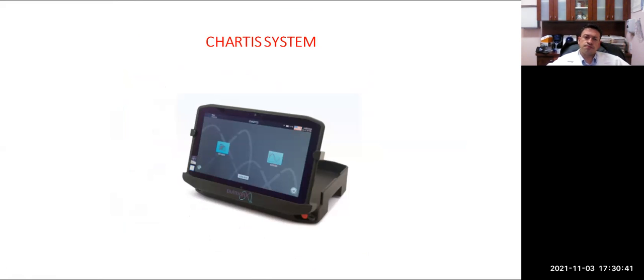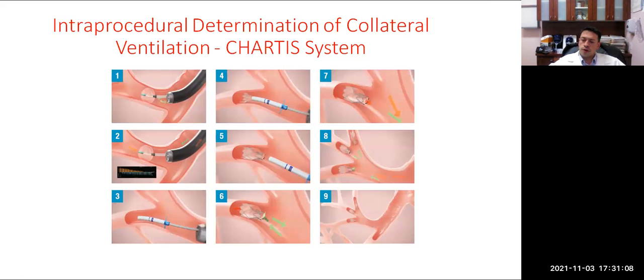Because as it turns out, there is a lot of overlap between having an incomplete fissure and actually physiologically not having collateral ventilation, and vice versa. So it is not a one-to-one correlation. And we use a Chartis system, which is a device that I'm showing you right here, which basically allows us to measure collateral ventilation or measure flow, and be able to physiologically show if someone's fissure is intact or is interrupted.